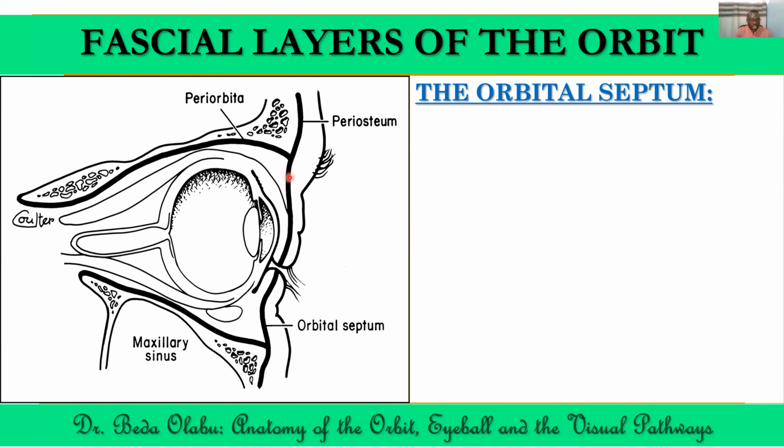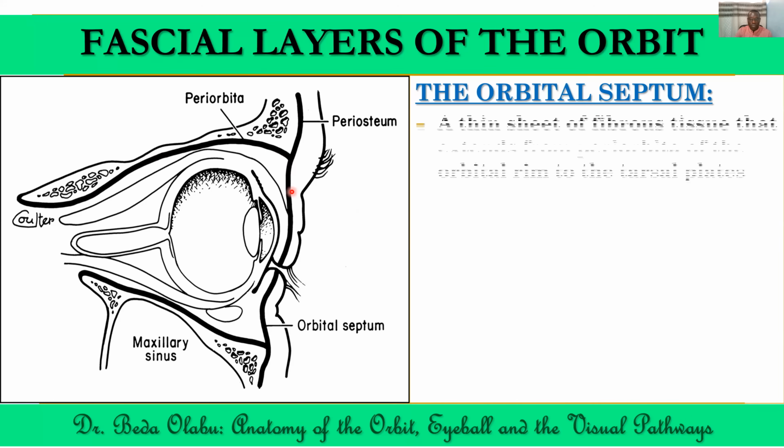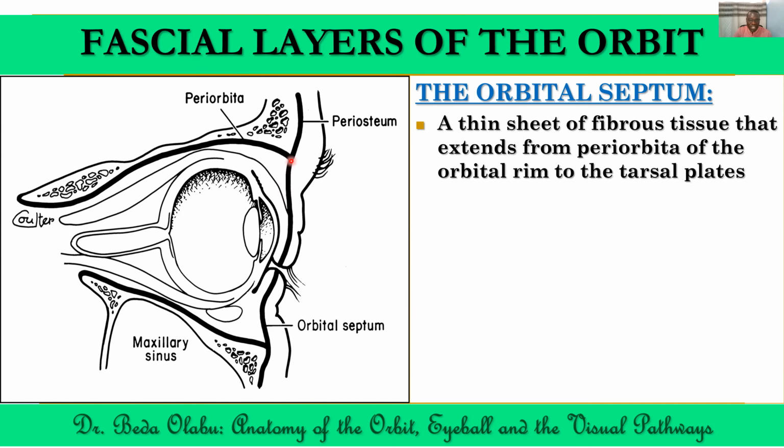Continuing that way, this is now the orbital septum. It's just a thin sheet of fibrous tissue, it's membranous actually, which extends from the attachment of the periorbita at the orbital margin. And this membrane continues into the eyelids, both superior as well as inferior eyelids.